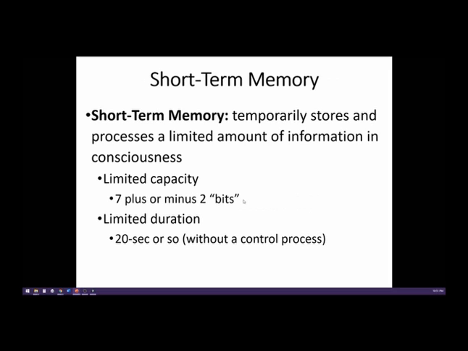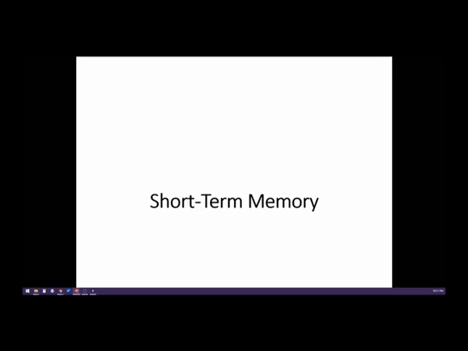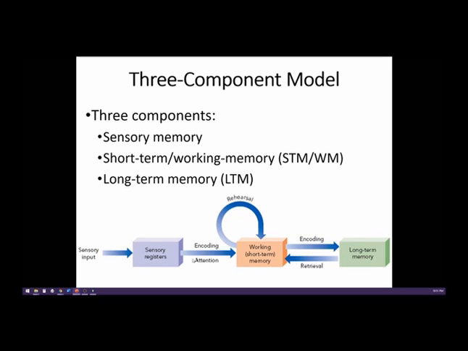All right. So for short-term memory, we'll start with just the one for now. Short-term memory is where we have a temporary storing and processing for a limited amount of information in our consciousness. And so again, if we scoot back to this diagram, we're paying attention to the information coming in from our sensory registers.